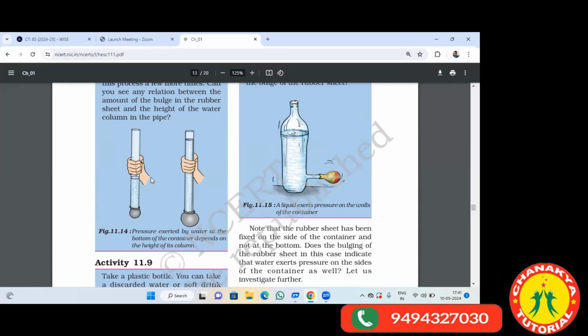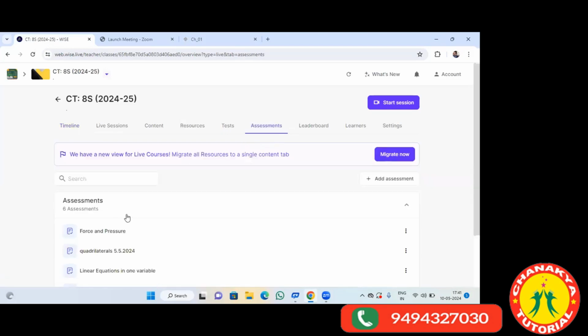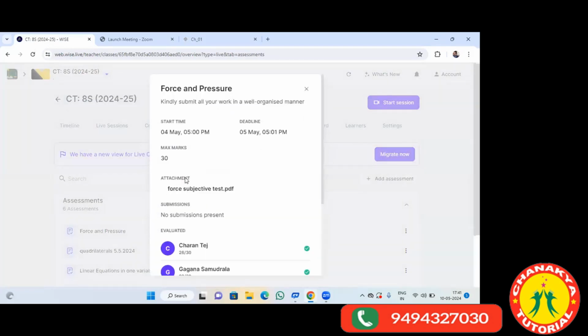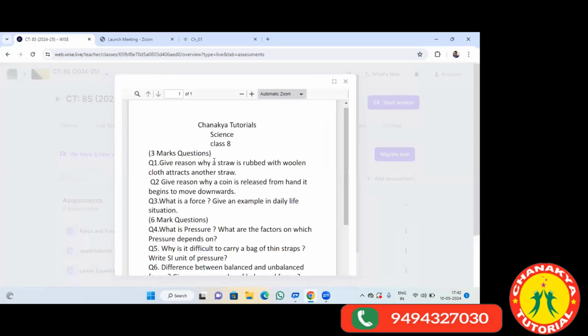Sir, can you explain the first question in the test that was conducted last Sunday? Do you remember the test? It was about some experiment with just one straw. One minute. Could you show the test paper, sir? Yeah, this is the paper.